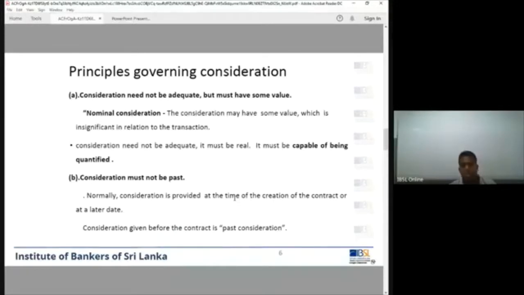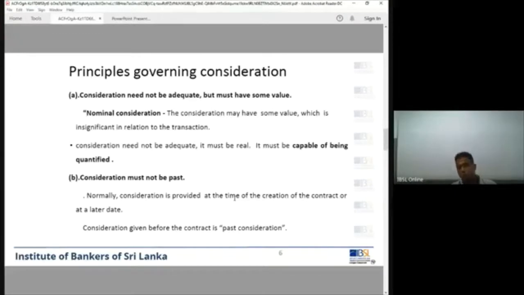Now the consideration passed between us is 3 million. Actually, that is not adequate. Adequate means it is equal to the real value. If it is the real value, it has to be 5 million. Now, actually, it is not so. But however, the agreement is valid because the consideration need not be adequate.